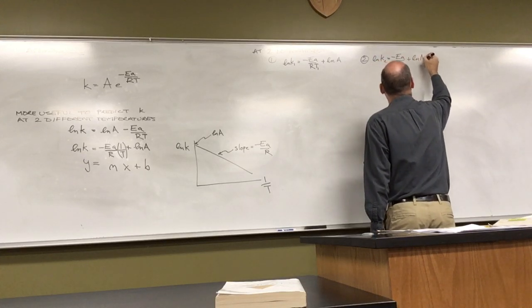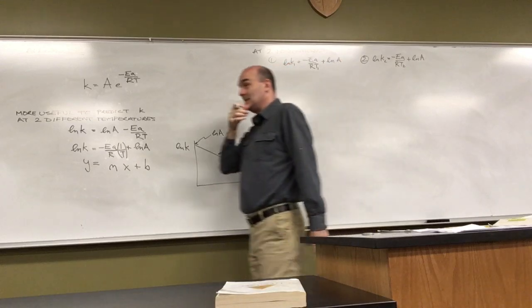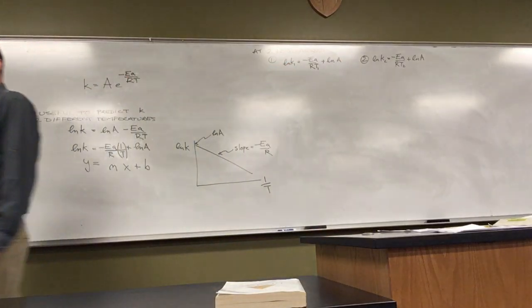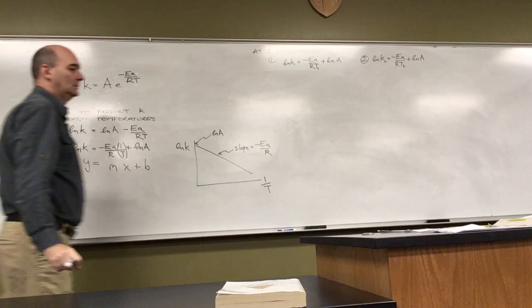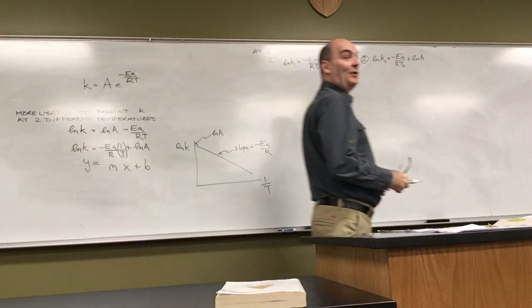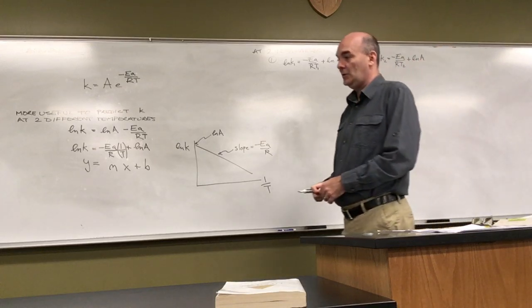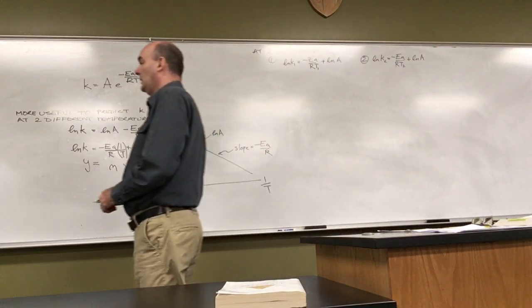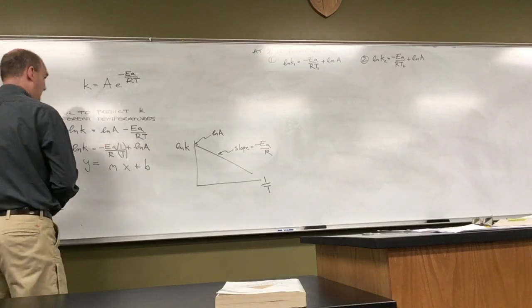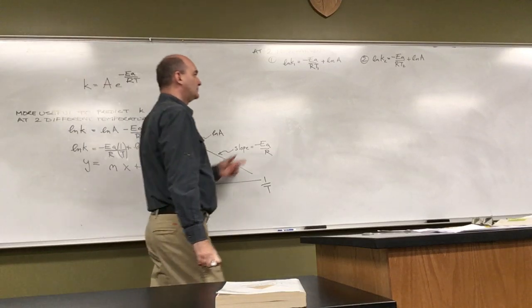Okay, so here are my two scenarios. Temperature 1, temperature 2, both in Kelvin, although they might not be in Kelvin in the problem that's given to you in the book, or on the test, or on the quiz. That's just something that's an obstacle for you to get over.